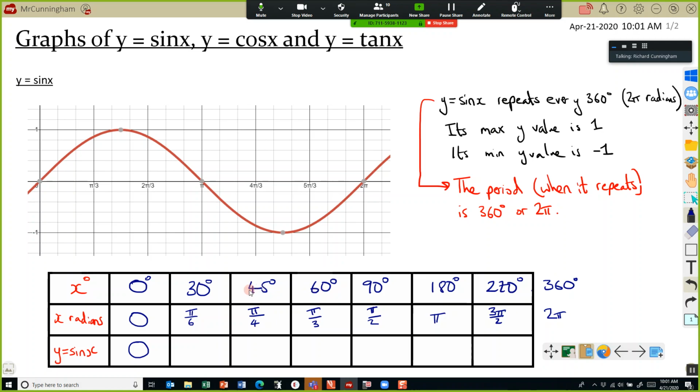45 degrees is pi over 4, remember. We're working out what sine of these values are, and it's the same thing because they're essentially the same value. So what's sine of 45 degrees?